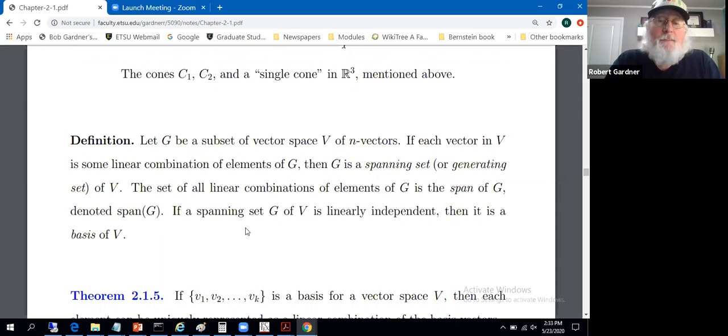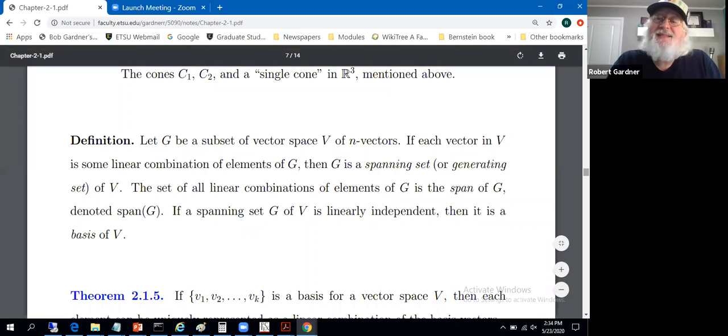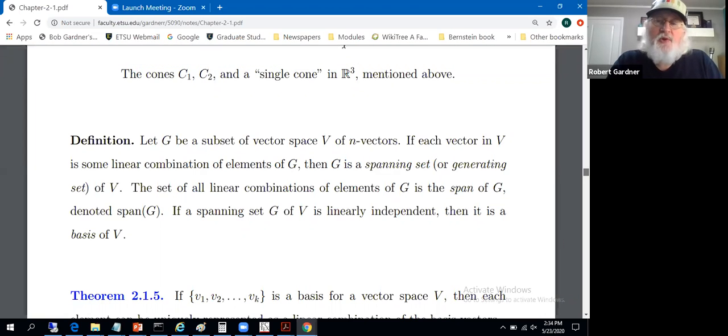You want to think spanning set, there's enough vectors to write everything in vector space V as a linear combination of those basis vectors, spanning. Linearly independent, there's not any extra ones. So it's, in a sense, an efficient spanning set. Efficient in the sense of linear independence. It's a minimal spanning set.